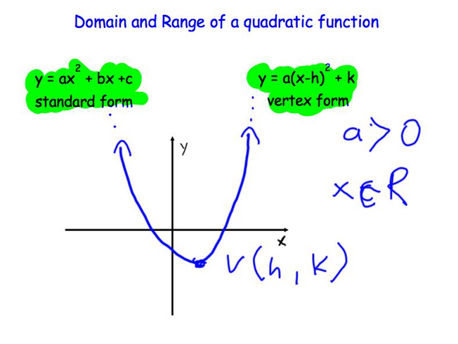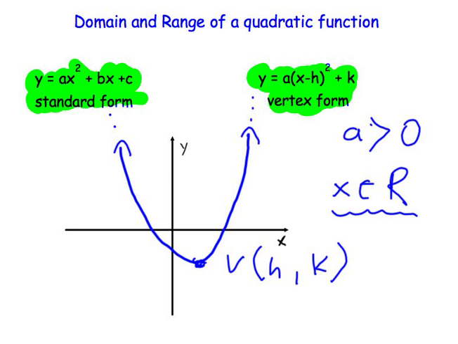Now, the domain is well established. The domain has no restrictions. Any real value works. In terms of the range, as we have noticed on this graph here, we have the lowest value.